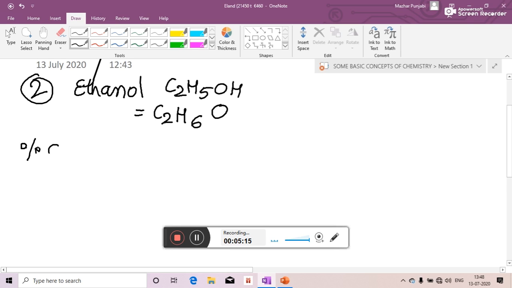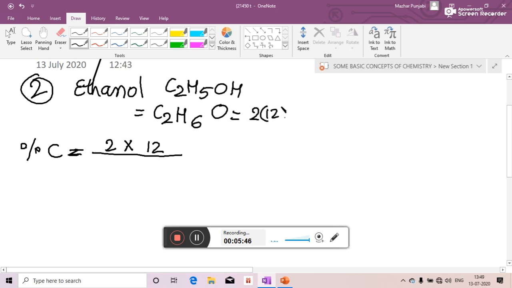Now percentage of carbon is equal to, here there are 2 carbon atoms. So in the numerator we will have 2 into mass of carbon atom, that is 12, divided by molar mass of ethanol.